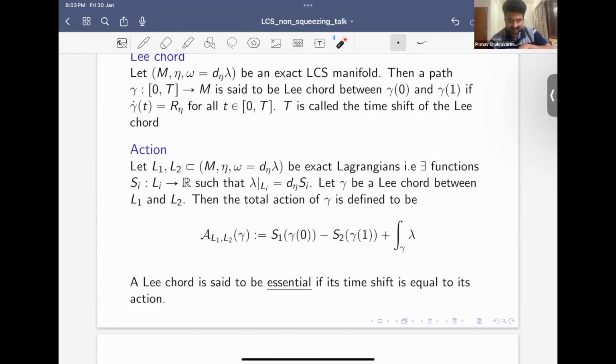This is one notion where these manifolds are some way of interpolating between symplectic and contact manifolds, because if you know these definitions, this would be the classical action in the symplectic case, and this would be the classical action in the contact case.